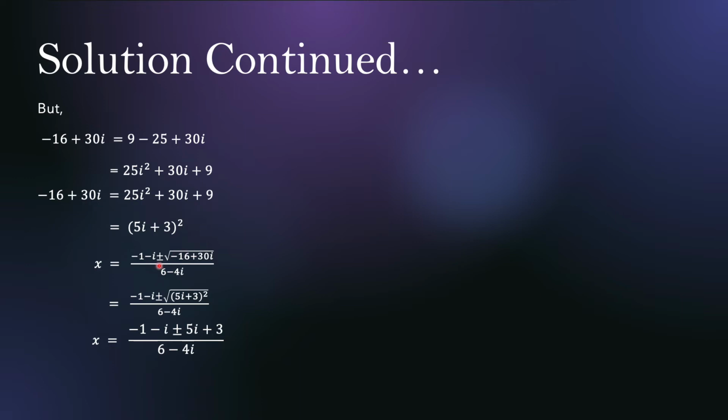So under the root is negative 16 plus 30i, and I'm going to substitute this by (5i plus 3) squared, and this square is going to cancel with the square root, and I'm going to have negative 1 minus i plus or minus (5i plus 3), everything divided by 6 minus 4i.